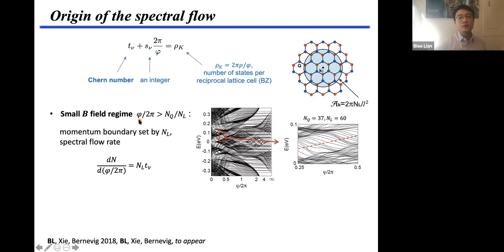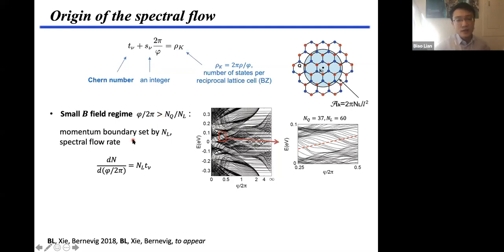Okay, the other regime of the flow is when you go to the small B field regime. In this case, the boundary is always given by the Landau level cutoff, and it's a B-dependent area. Oh, sorry, here should be a smaller sign.